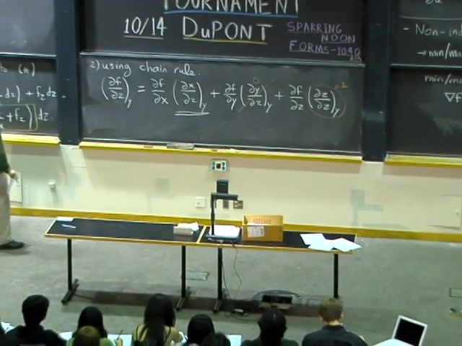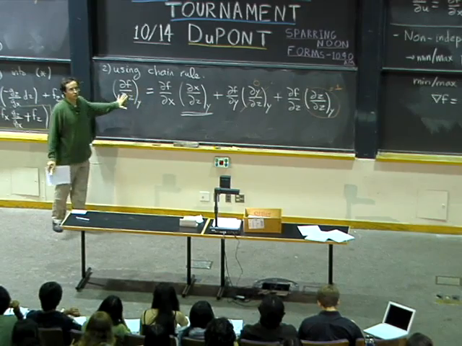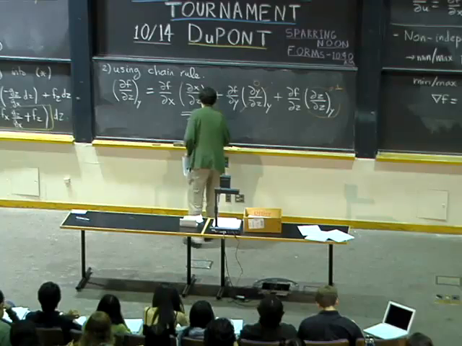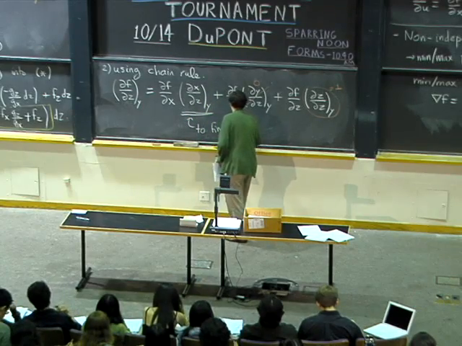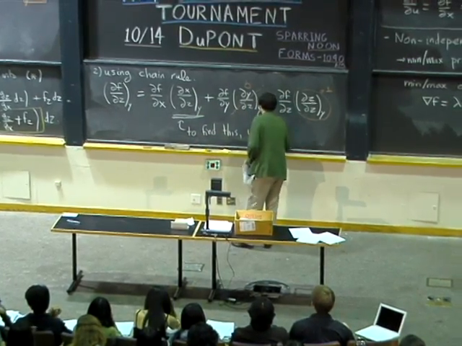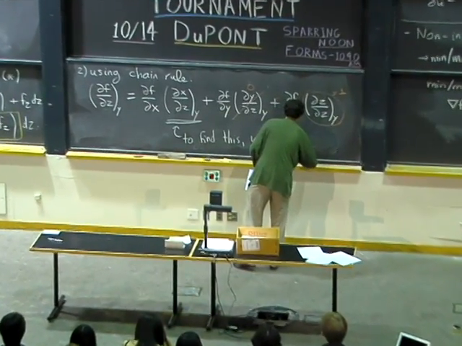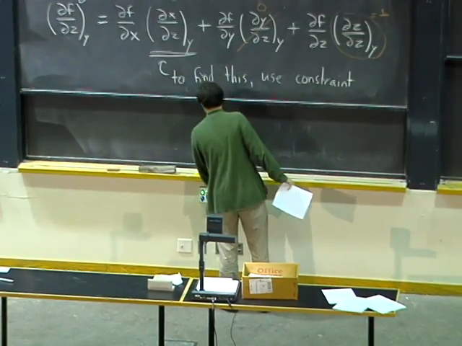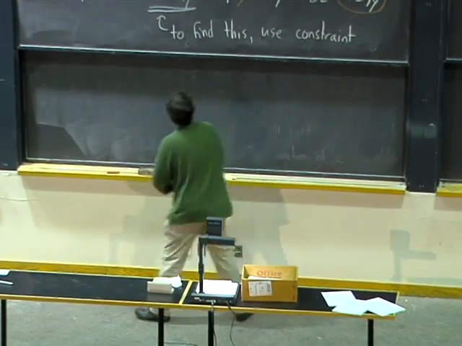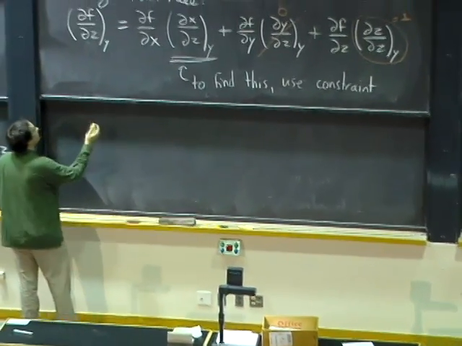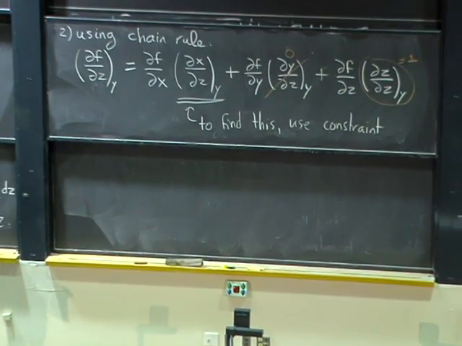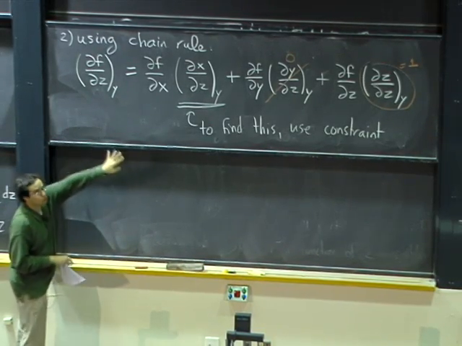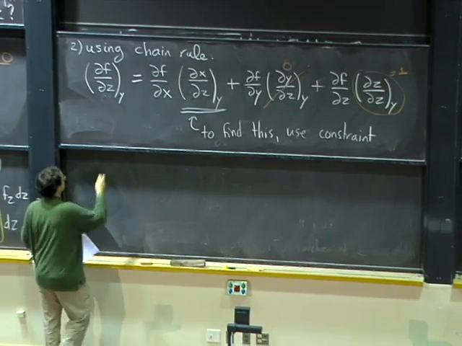Well, we could use differentials like we did here, but we can also keep using the chain rule. So how can I do that? Well, I can just look at how g would change with respect to z when y is held constant. So I just do the same calculation, but with g instead of f.